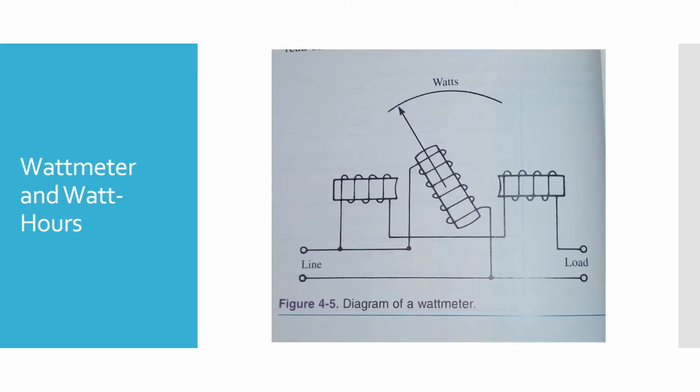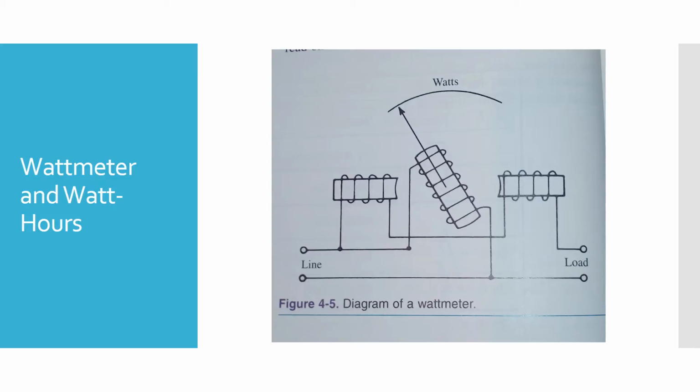movement. A circuit diagram of a simple electrodynamometer movement is shown in Figure 4-5 as shown on the screen. This arrangement creates a wattmeter, a meter that measures the instantaneous power. A moving coil with the proper multiplier resistance is connected across the voltage in the circuit.